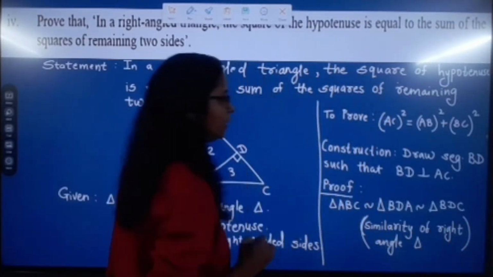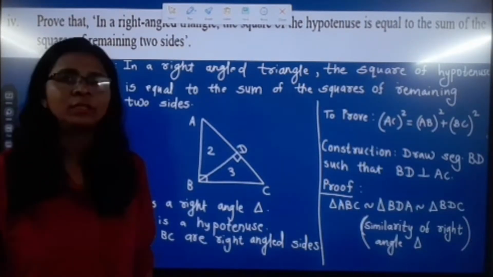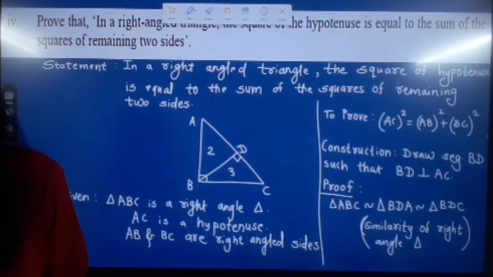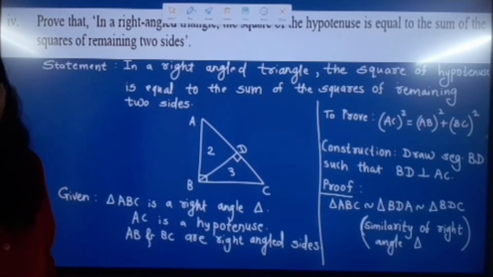Okay, this is the base. Now one by one we take two pairs of triangles, and we have to show that the corresponding sides are in proportion.